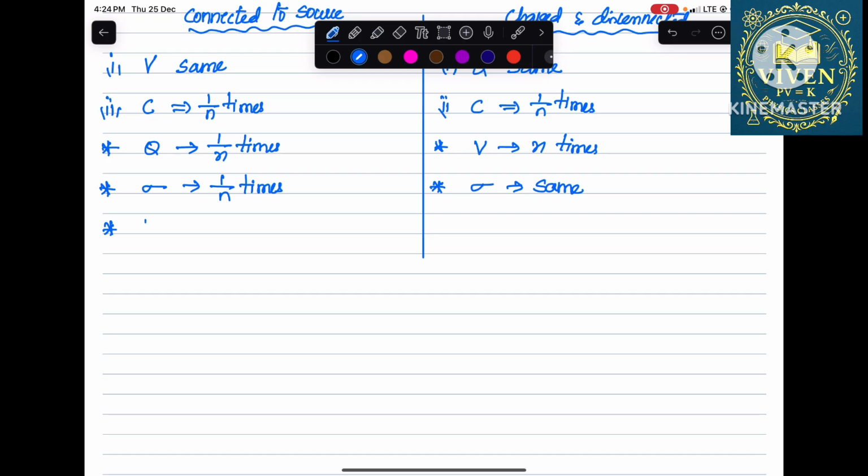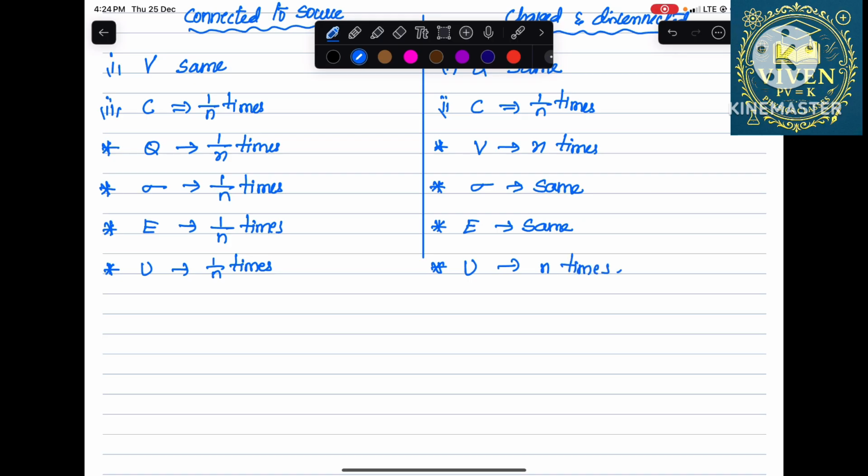In this case E turns out to be 1 by n times, and here as usual E remains the same. And last but not least, energy becomes 1 by n times here, and here energy becomes n times.